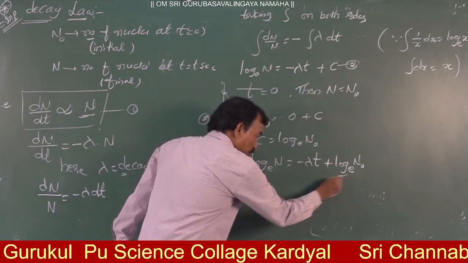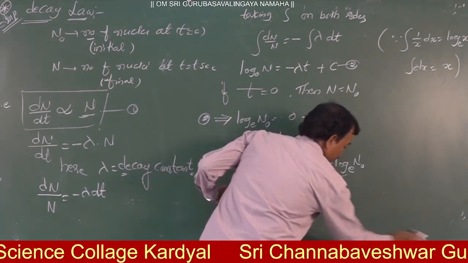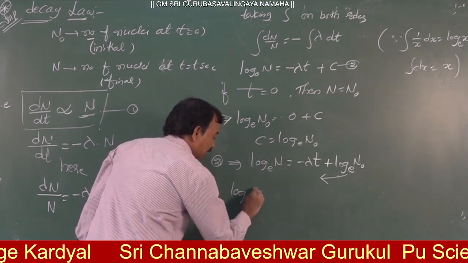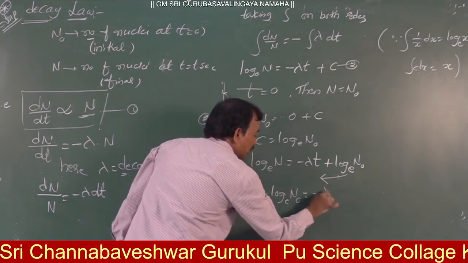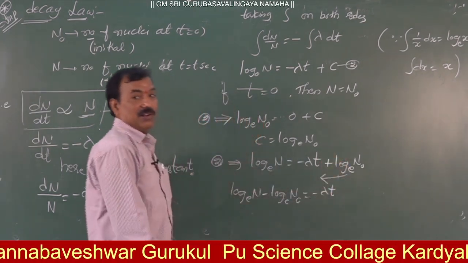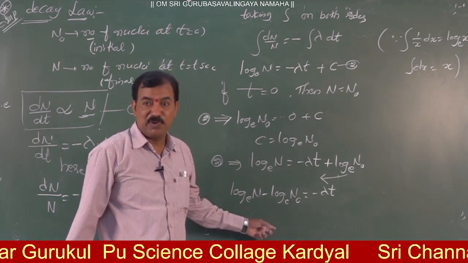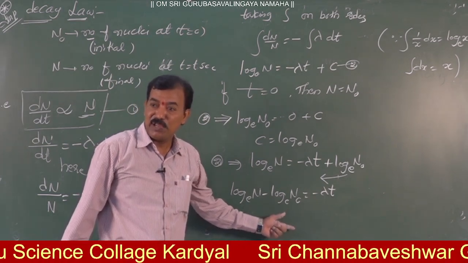Suppose it comes to the left side, this becomes negative. What is that equation? Log base e N minus log base e N naught is equal to minus lambda t. So log a minus log b, what is the formula? Log of a by b. So log a minus log b is equal to log of a by b.